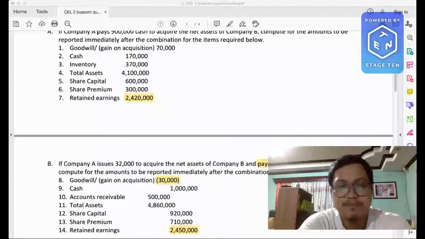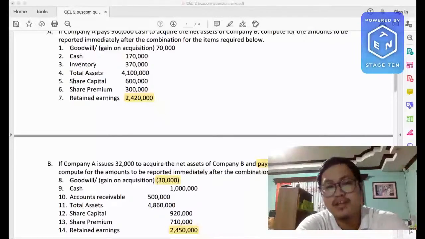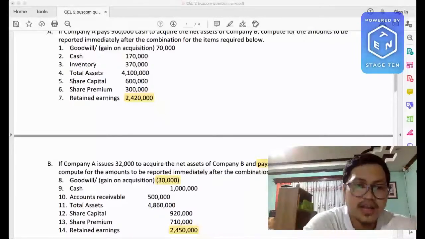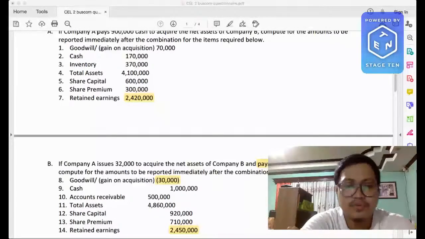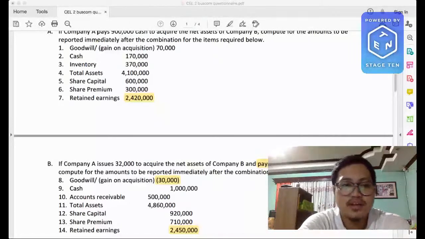Okay, that's one. Number two, acquisition-related costs. Since acquisition-related costs are normally paid, they would represent a deduction in your resulting cash. That's number two. Number three would be for your stock issuance costs if the consideration is in terms of shares.